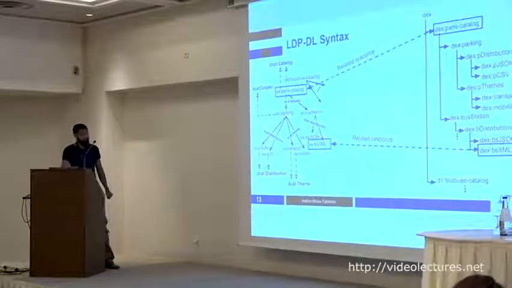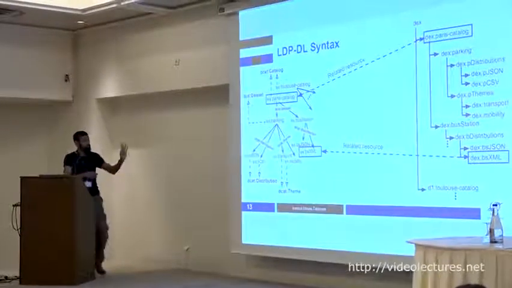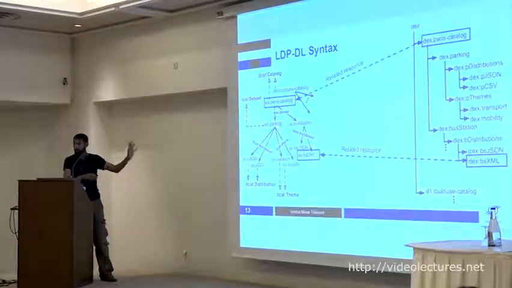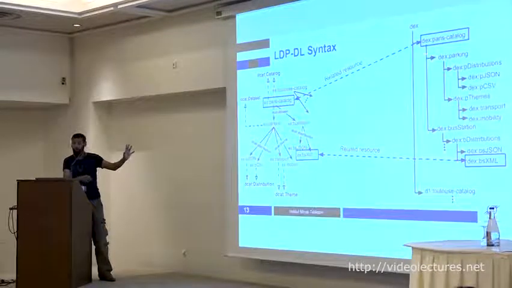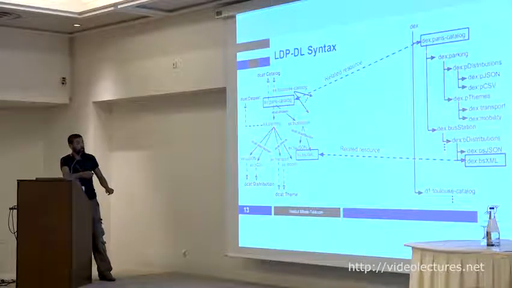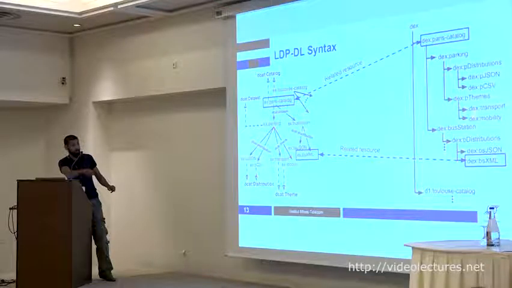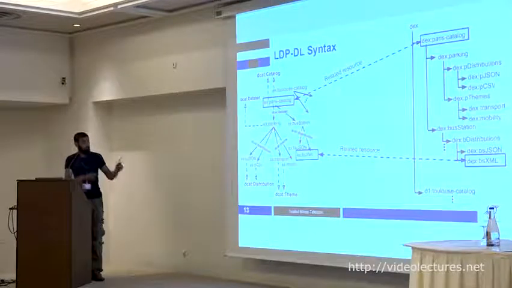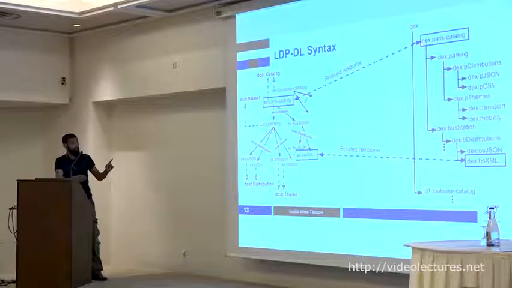The idea is that for every resource from the RDF graph, we are going to generate an LDP resource that is going to describe the RDF resources here. So for example, DEX Paris catalog describes Paris catalog. BSXML describes BSXML here, and many resources from the LDP here describe RDF resources here.